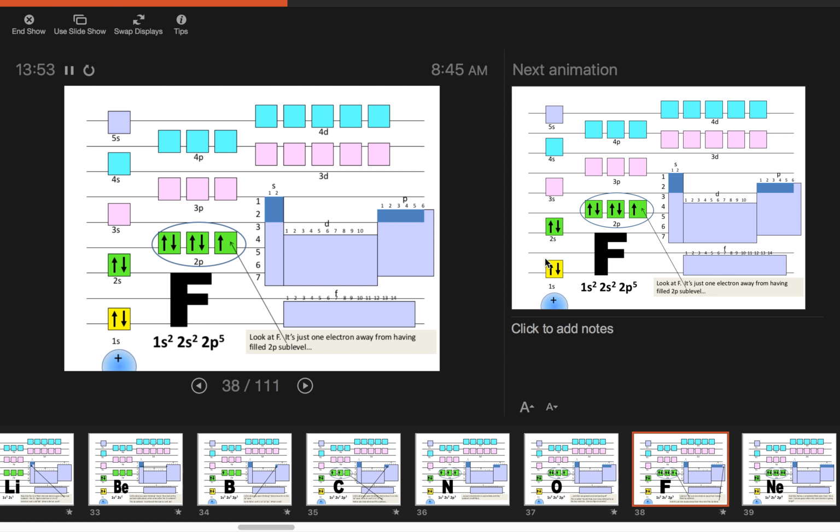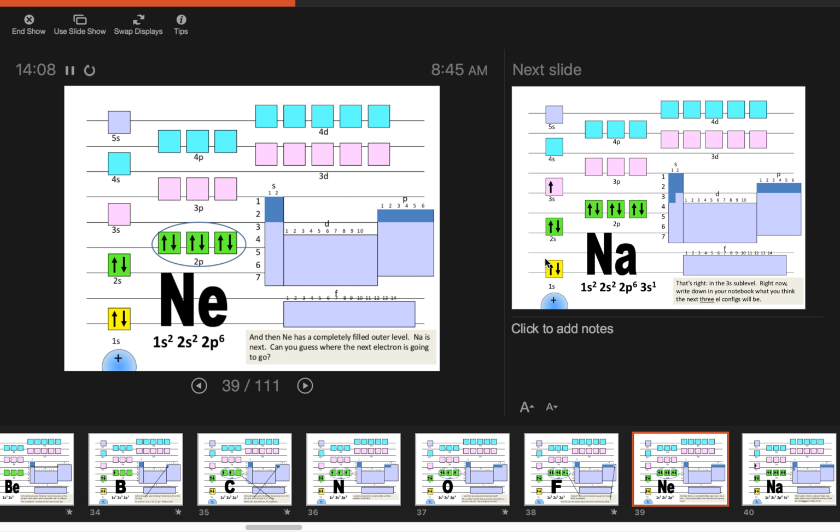Okay, fluorine has 9. It just needs 1 more electron to be completely filled, and if it does, it acts like neon. Oh, I think it's frozen. There we go. Neon. All right, neon's a noble gas. It has 8 in the second energy level. It's inert, unreactive.